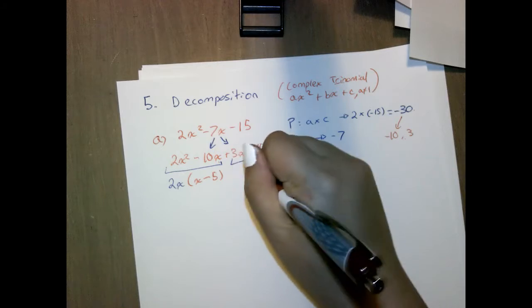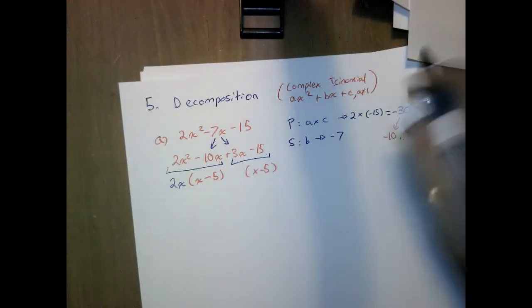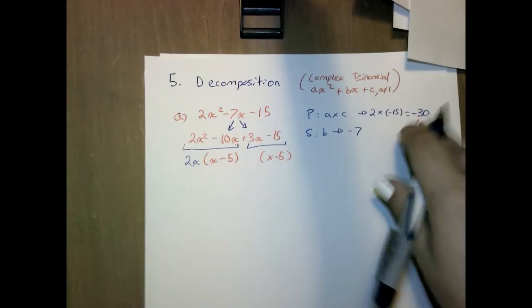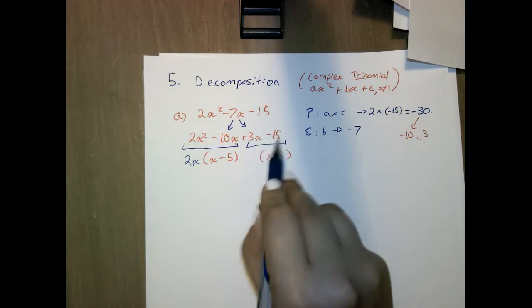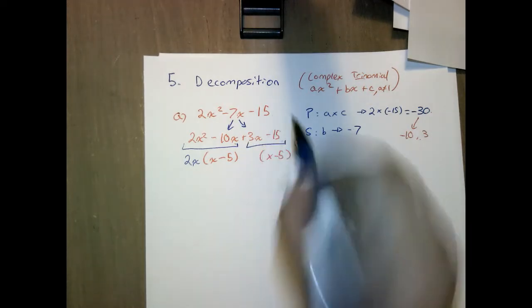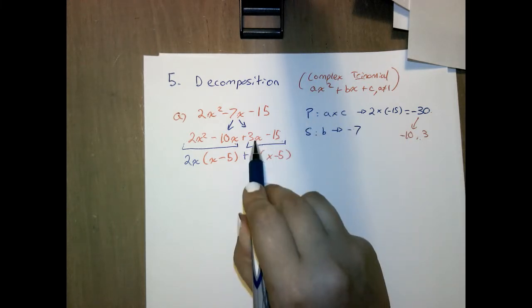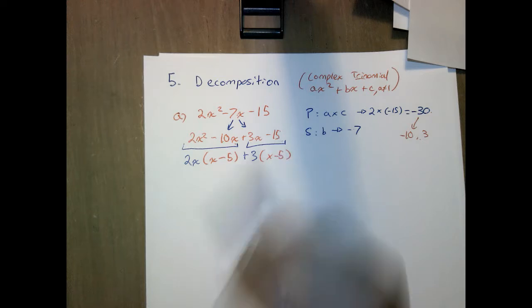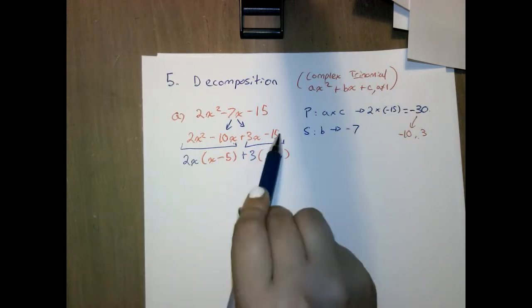So I could even jump ahead and write my x minus 5 if I was feeling particularly confident with my numbers. And then I'm looking at these 2 terms, I'm thinking, oh, what can I factor out of here? I can factor a 3, and 3 times x would be 3x. 3 times negative 5 would be negative 15, so I know that this step is equal to this step.